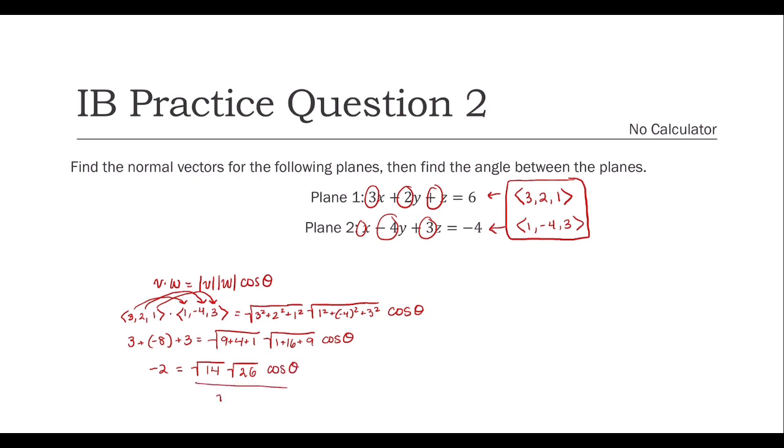We'll divide by the square root of 14 times 26, which is the square root of 364.